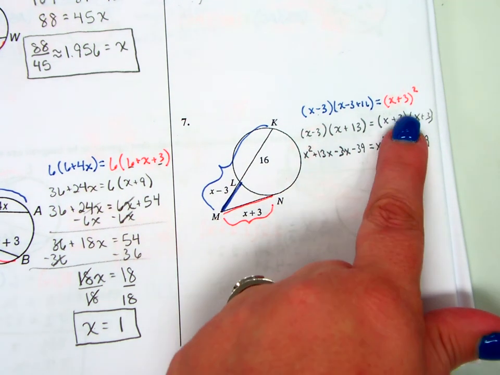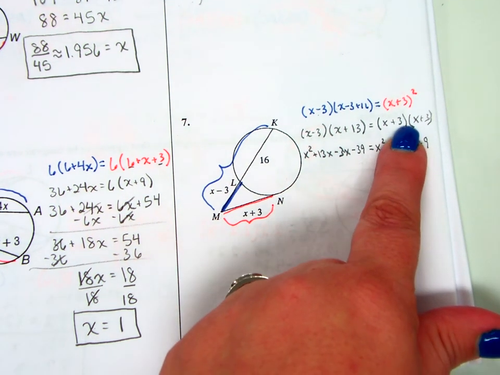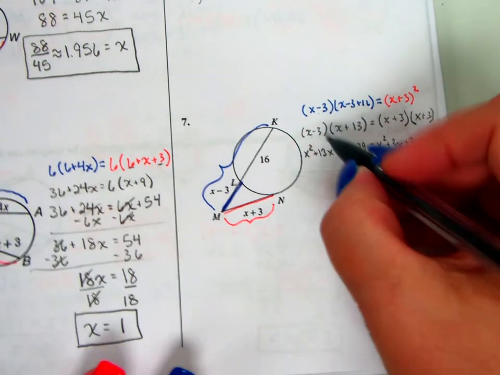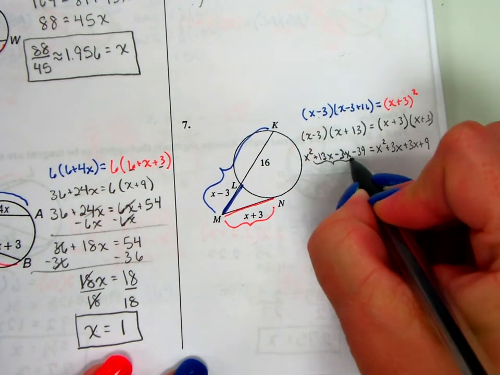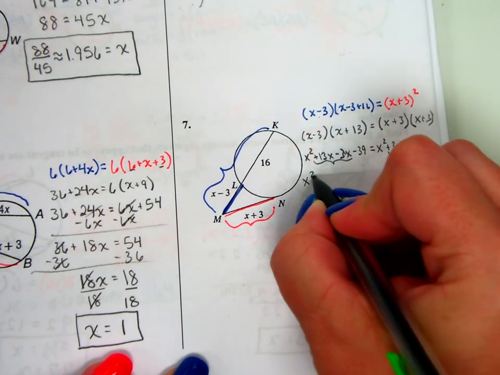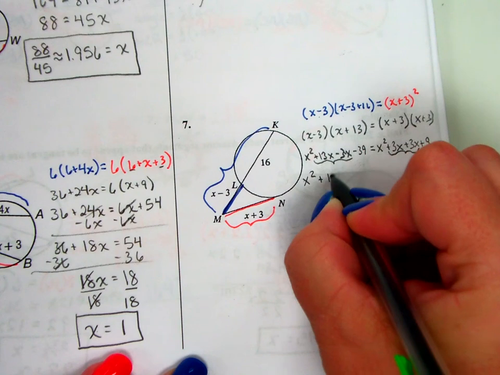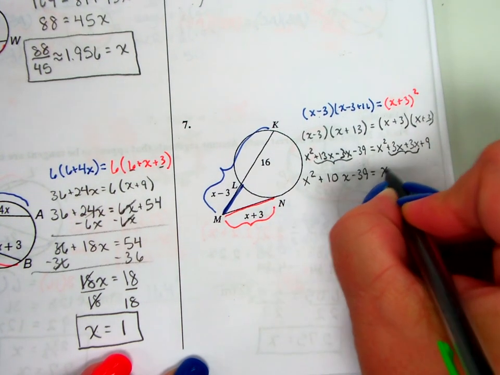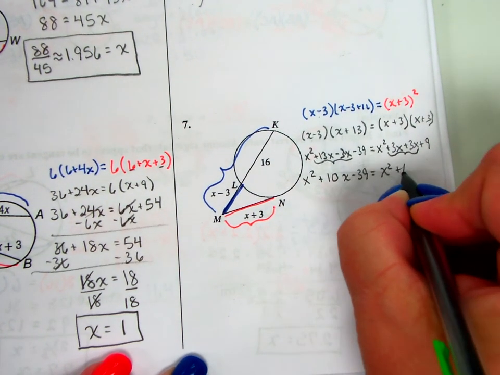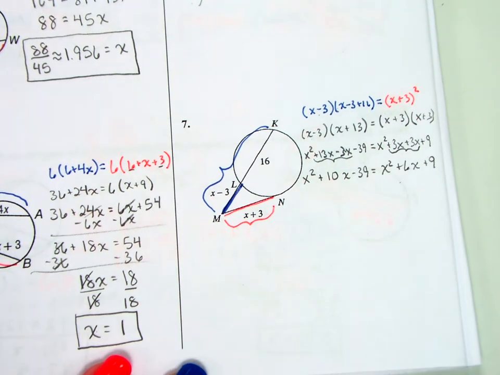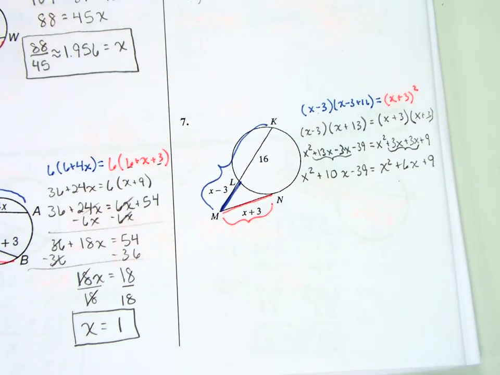But then you're going to miss these two little 3x's in here, right? If you don't write it as two separate binomials being multiplied together. Okay? All right, let's combine our x's on the left side and then our x's on the right side. So x squared plus 10x minus 39 equals x squared plus 6x plus 9.